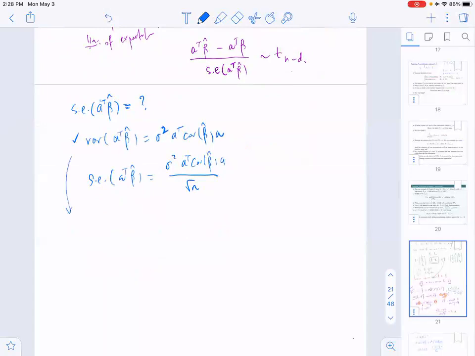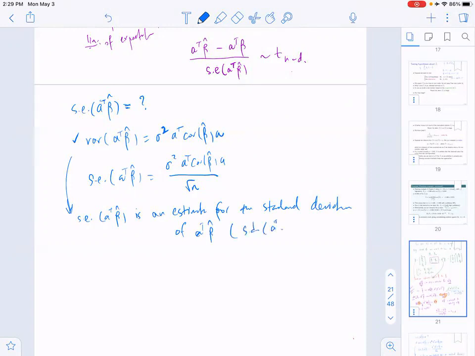Okay, great. When you have a question, always go back and try to understand the definition of the quantity. So the standard error of A transpose beta hat is an estimate for the standard deviation of A transpose beta hat.